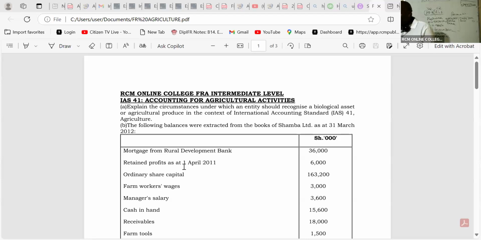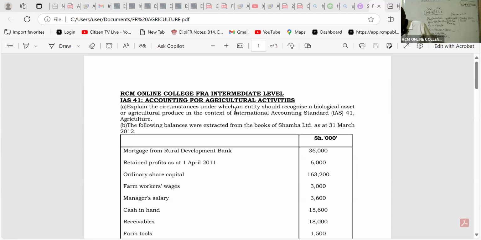Ladies and gentlemen, the first question they have asked us to do is to explain the circumstances under which an entity should recognize a biological asset or agricultural produce in the context of IAS 41 agriculture.